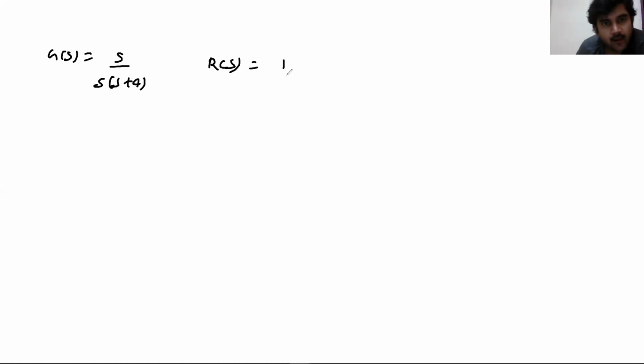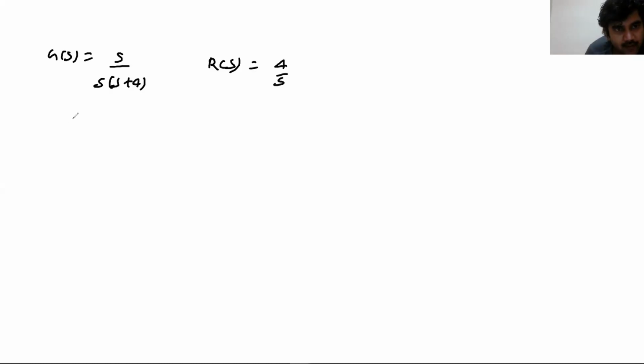Moving to the next question. Let me see if any other question is there. Okay. If G(s) is given by s by s plus 4, and the input is given as 4 by s, find the error.